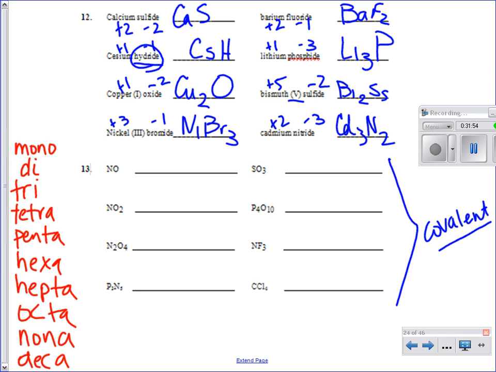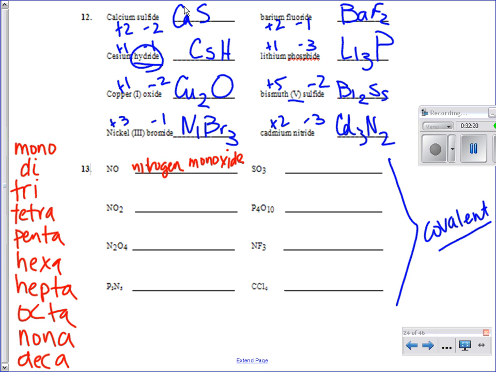In the first one, I know we only have 1 in that initial spot of nitrogen, but we don't use mono if we're talking about the first element, so we just say nitrogen monoxide, okay? Now, there's some rules about the naming that I'm not even going to worry about because they're so inconsistent.